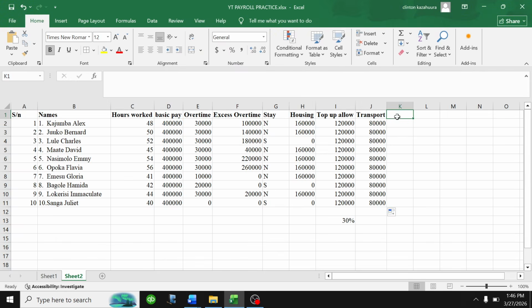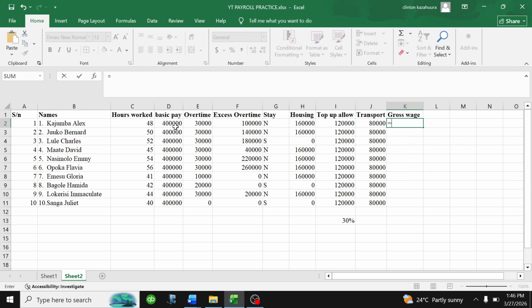So before I go to the deductions, we have to determine what we call the gross wage or the gross pay. So gross pay will be equal to, I get the basic pay, I add this overtime, I add this excess overtime, I add this housing, I add the top-up allowance, I add the transport.